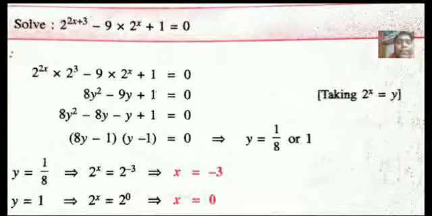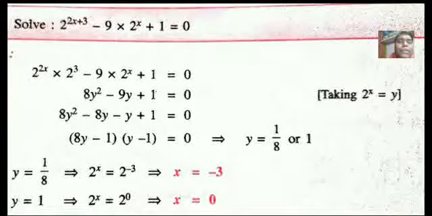We have taken 2 to the power x is equal to y. Now splitting the middle term, you can write 8y square minus 8y minus y plus 1 is equal to 0. Taking common, 8y into y minus 1, and minus 1 into y minus 1, so y minus 1 is common, and you get 8y minus 1.